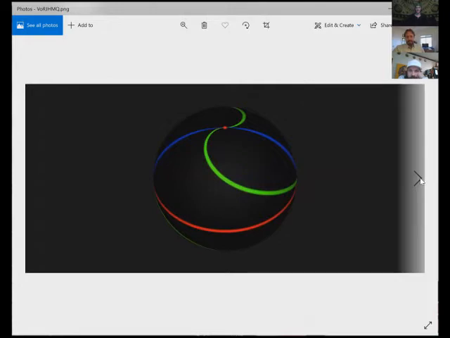Yeah. So here's one of the most basic projections you can get. Is that a tetrahedron in spherical projection, or what is this? This would actually be like a triangle or a square.